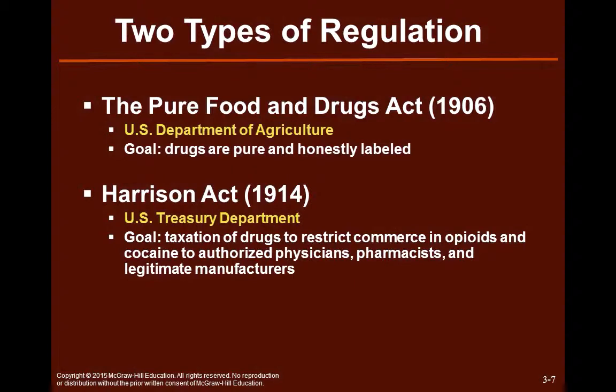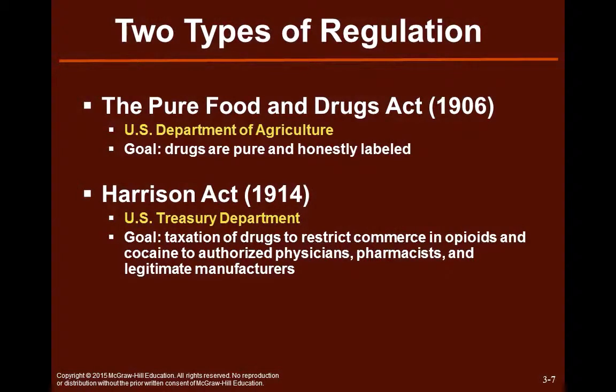And the goal of the legislation was to make sure that anything that was sold as a drug was pure, it didn't contain any contaminants that were dangerous to health, and they were honestly labeled. If it said that it was going to relieve your headache, you had some confidence that that's what it would actually do. And the jurisdiction for this type of enforcement was through the Department of Agriculture.